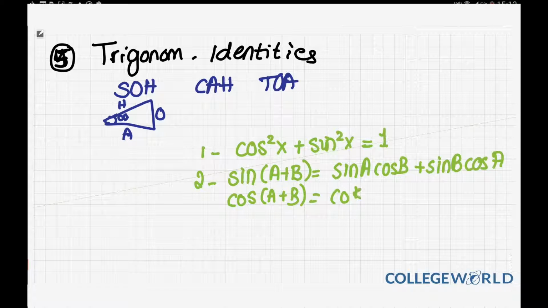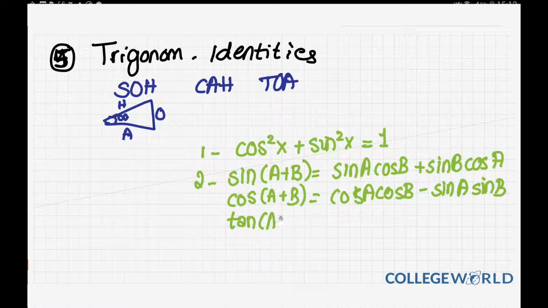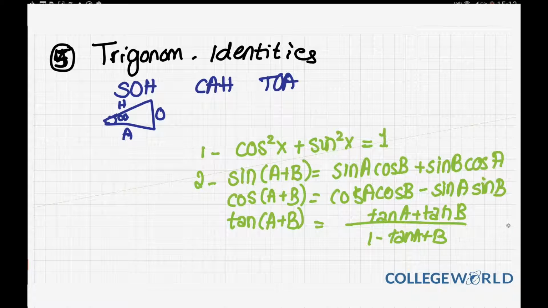And then for the tan, it likes to be different from the others, but it is tan A plus tan B over 1 minus tan A tan B. Then you have the negative versions, which I'm not going to rewrite, but we're going to put them in red so you know the differences.